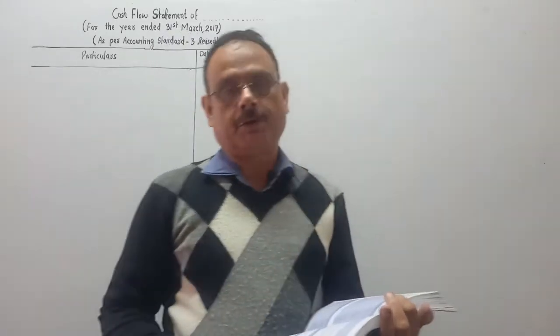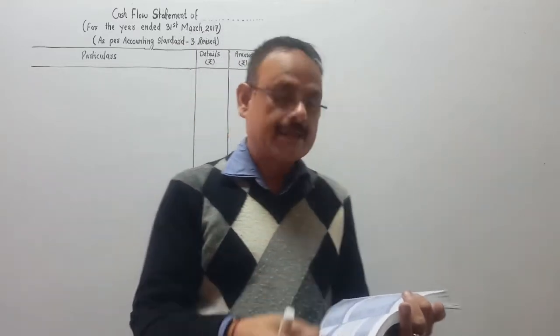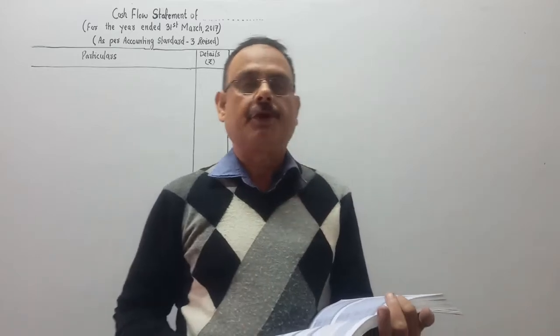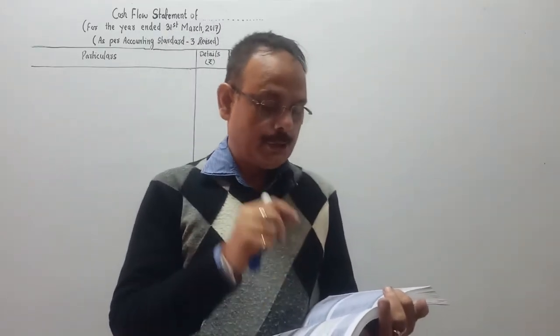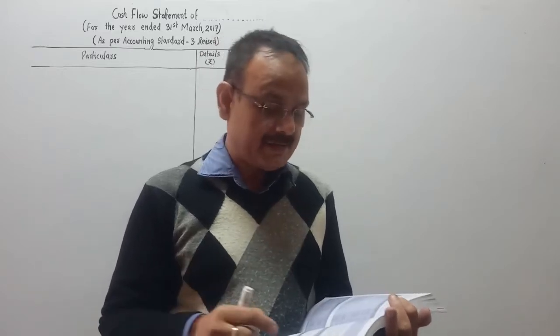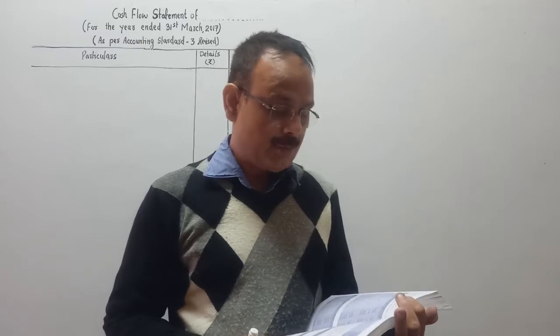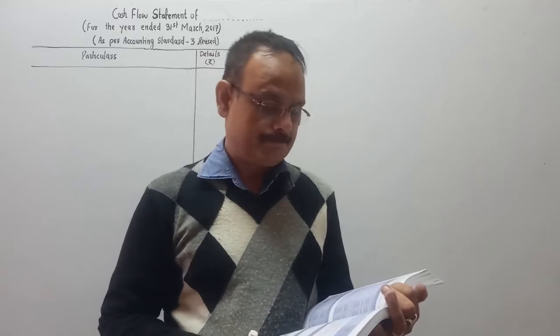Now additional information, we have to refer to the additional information given in this question. There are two additional information, A and B. So first one is A. During the year 2016-17, a machinery costing rupees 50,000, accumulated depreciation thereon rupees 15,000, was sold for rupees 32,000.